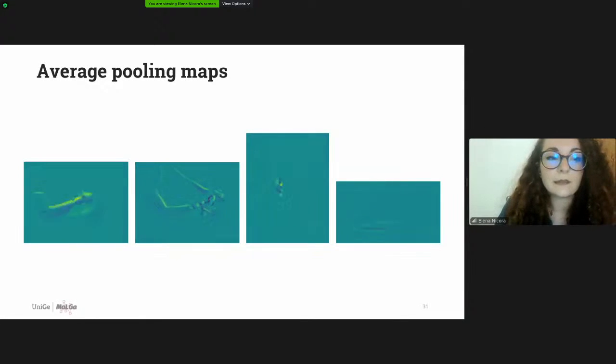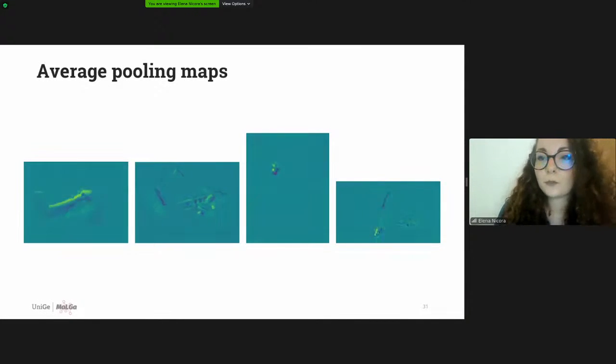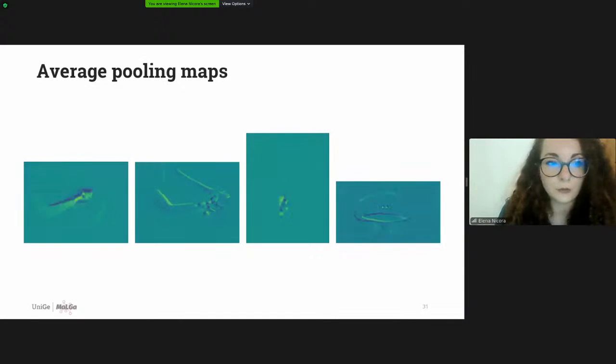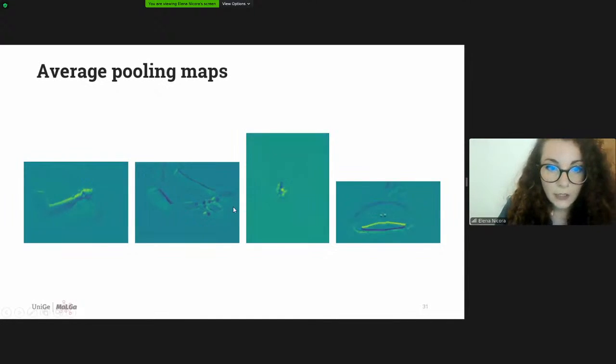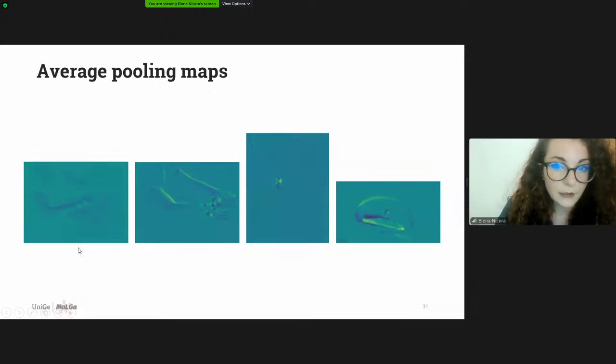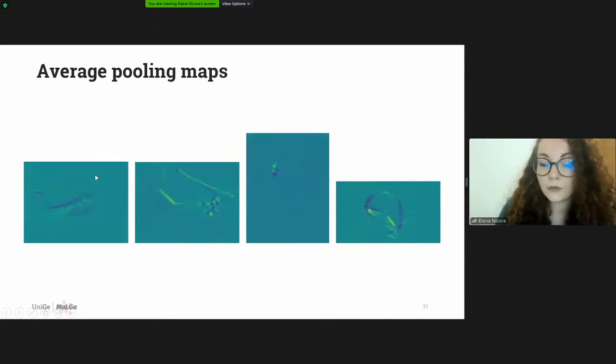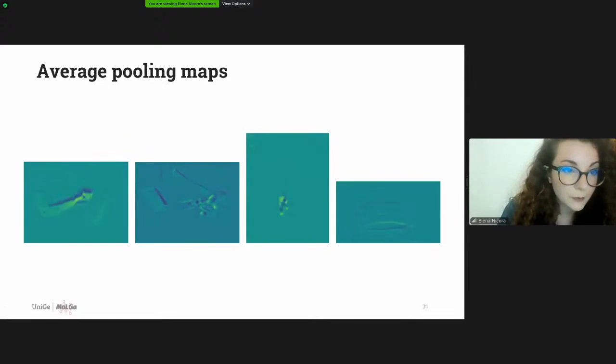The interesting thing is that we have local minima and local maxima positioned in a way that we have some sort of information also about the direction of motion, as you can see clearly, for example, in the first example.